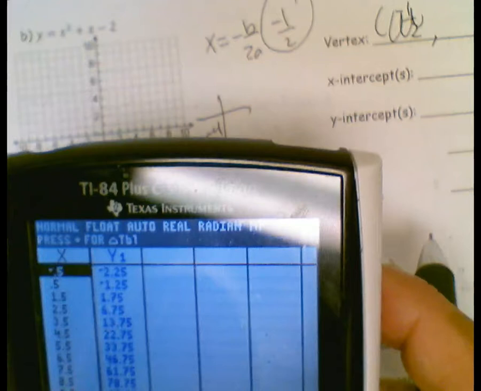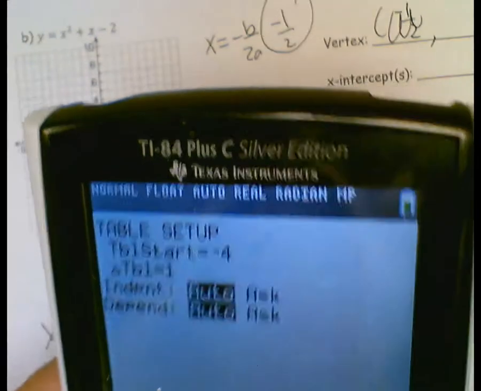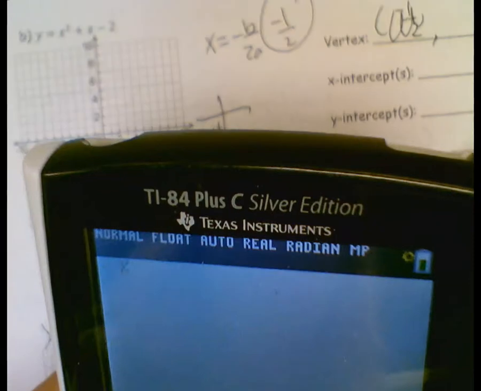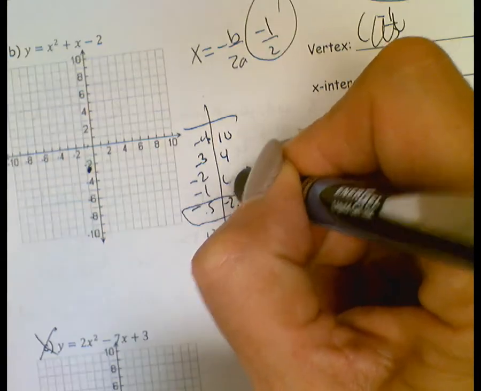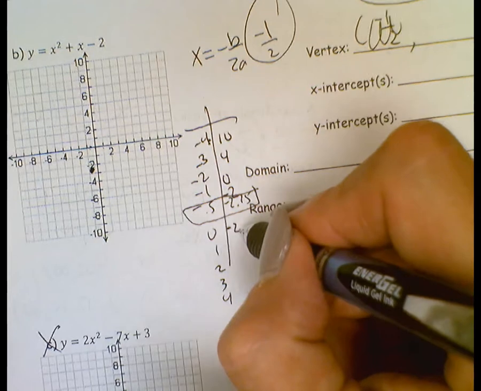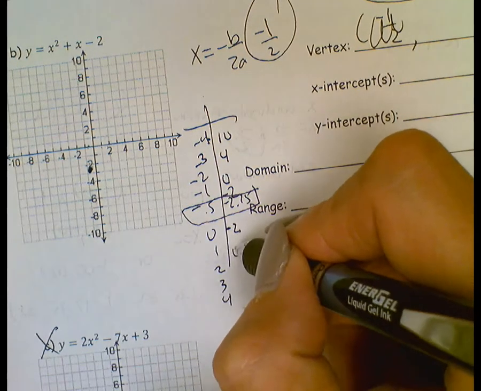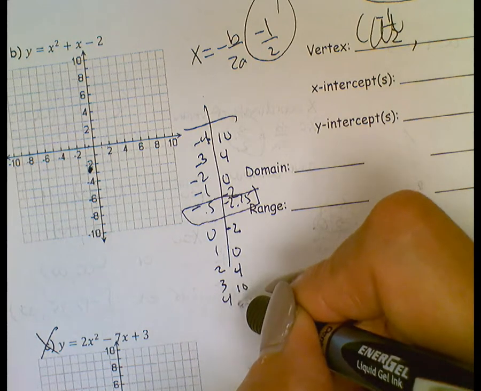And now let's go to second window again, and let's start it right up here at -4. You can start your t-table at any number you want. So the first one is -4, 10. I'm just going to write these down. -3, 4; -2, 0; -1, -2; 0, -2; 1, 0; 2, 4; 3, 10; 4, 18.